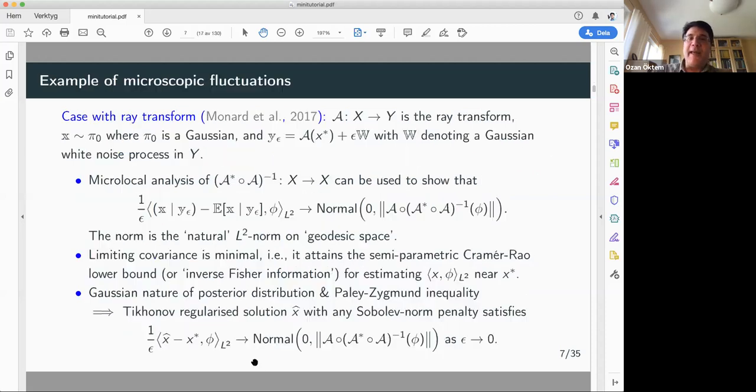Okay, and to give you some flavor of a result relevant to X-ray tomography, where A is the ray transform. I was just showing this integral transform a couple of slides ago. Assuming you have a Gaussian prior and a Gaussian additive noise term, just look at the first line here. You could show that the difference between the conditional mean estimator and the actual conditional random variable, or the action of it on a test function, converges almost surely as epsilon, which is the noise level, goes to 0, so the mean is 0, but there is a variance term.